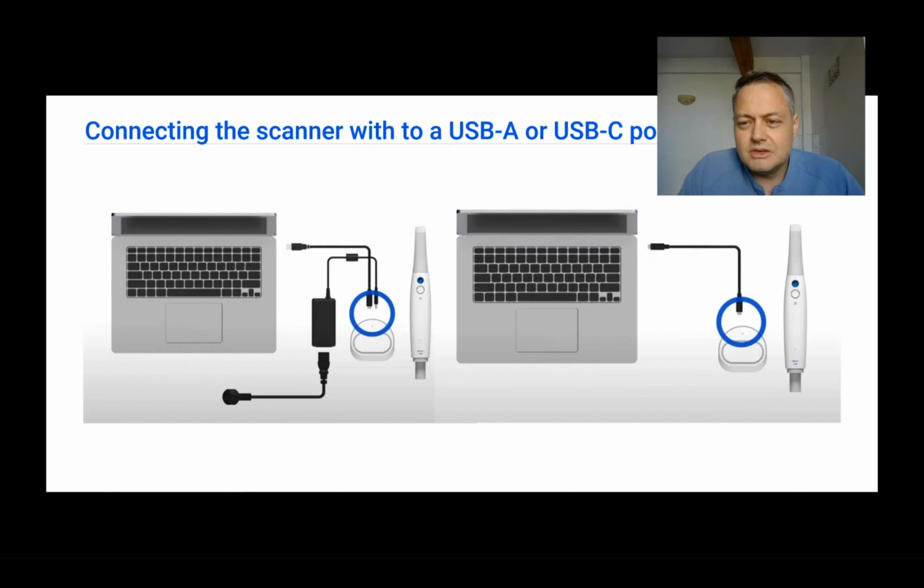But USB-C is a much simpler connection, and it avoids using a lot of cables, so I prefer it over the other connections. Do remember that USB-C can be USB-C 3.2 or USB-C Thunderbolt. Thunderbolt operates at a higher speed than USB-C 3.2. So if you have one, please connect the scanner to the USB-C Thunderbolt connection.